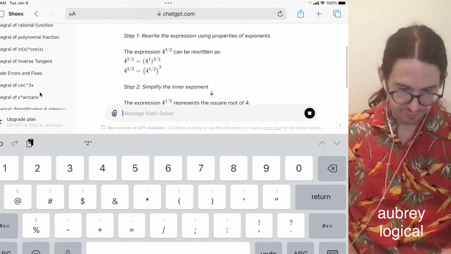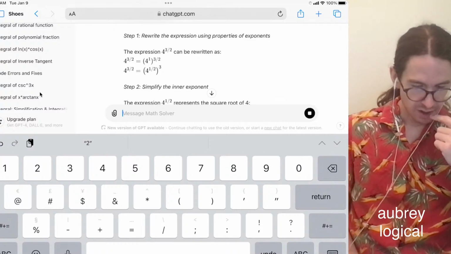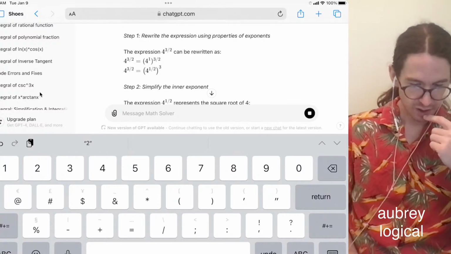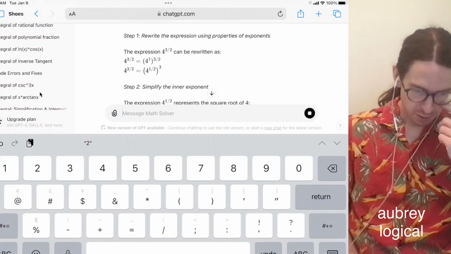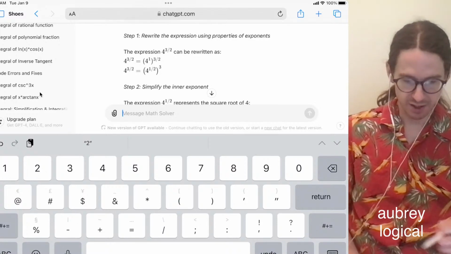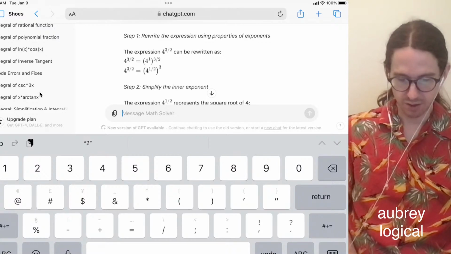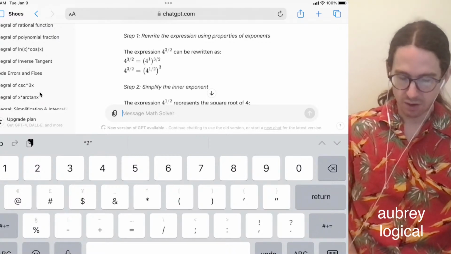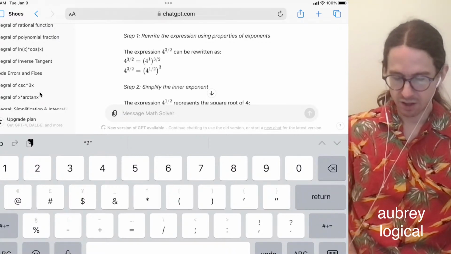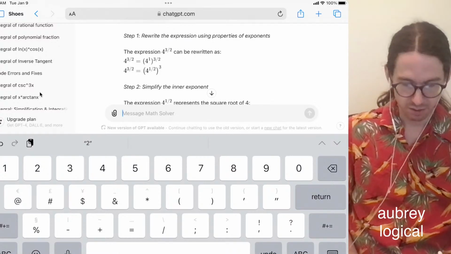Okay. So 4 to the 3/2 can be rewritten as 4 to the 1/2 power all to the third power. Well, if that's the case, 4 to the 1/2 power is going to be plus or minus 2. Plus or minus 2 to the third power is going to be plus or minus 8.